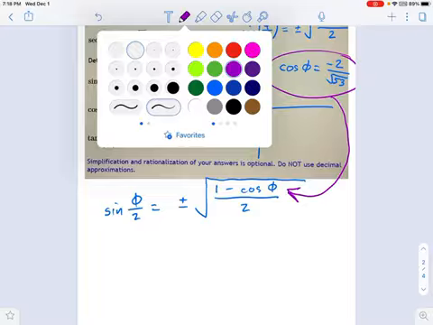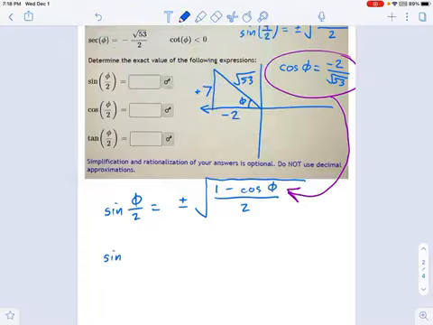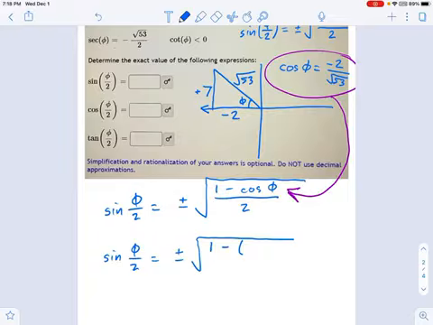So here's what we get. Sine of phi over 2 equals plus or minus the square root of (1 minus negative 2 over the square root of 53) all over 2. I know it's ugly looking, but that's your answer.